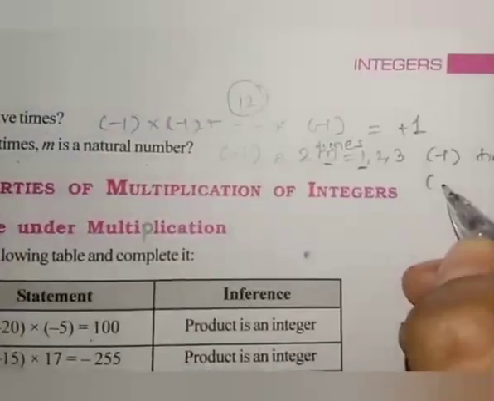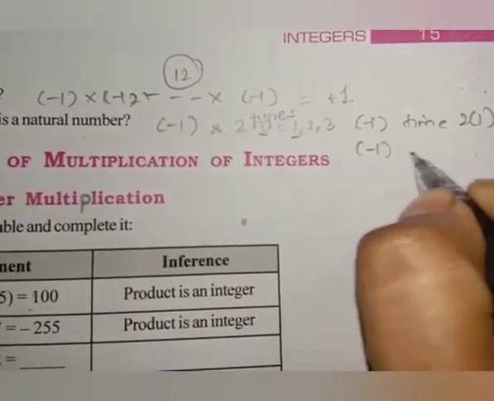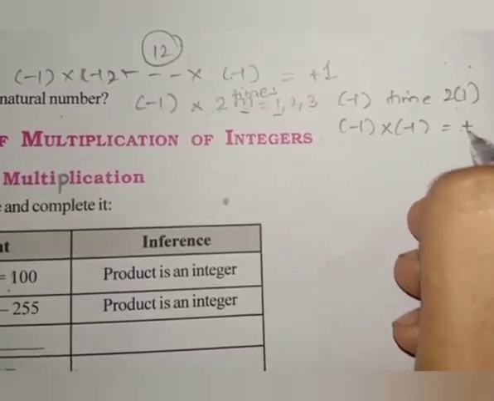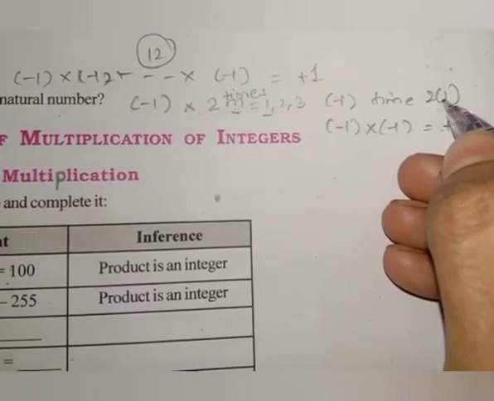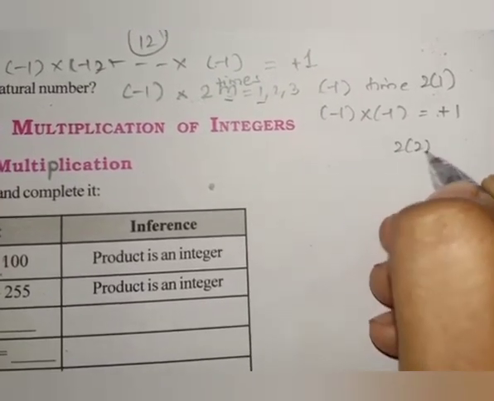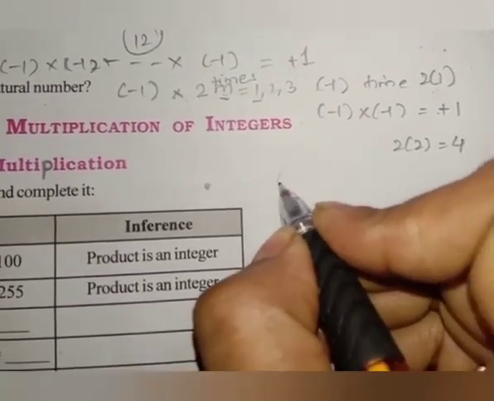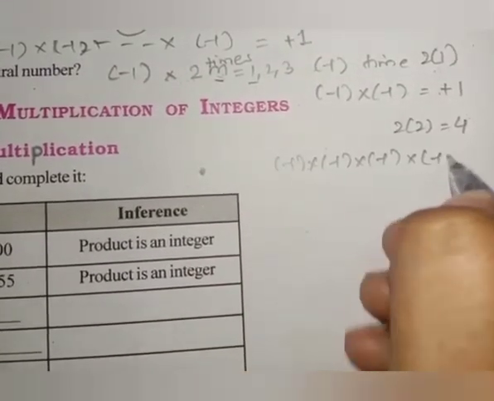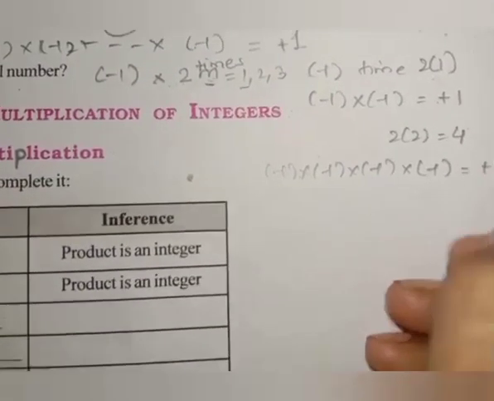Clear? Now if we take 2 instead of 1, then 2 into 2 is 4, so minus 1 multiplied 4 times, again an even number, so the answer is again positive.